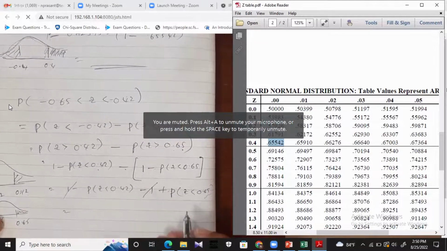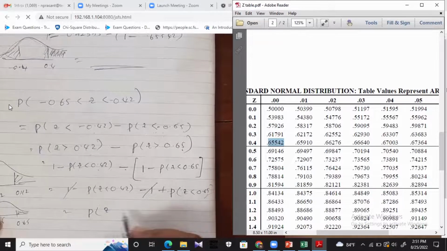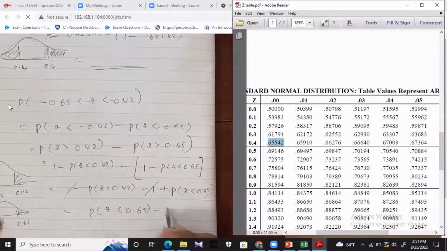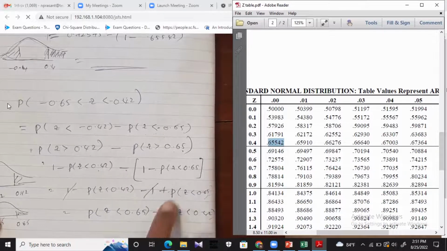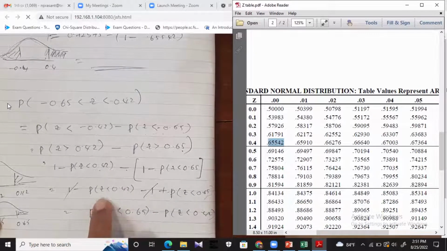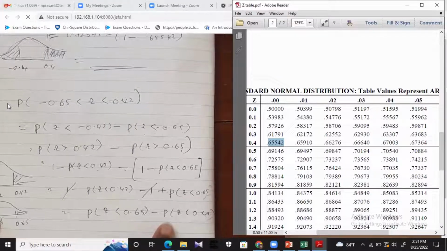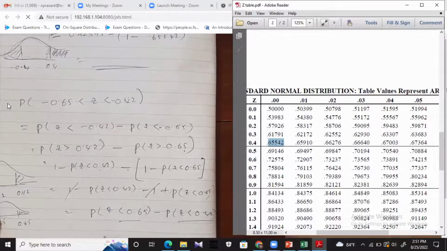Finally, you will have P is it less than 0.65 minus P is it less than 0.42. This is positive, this is negative. Therefore, I'll write is it less than 0.65 first minus is it less than 0.42. Now you can read these two probabilities from the table.